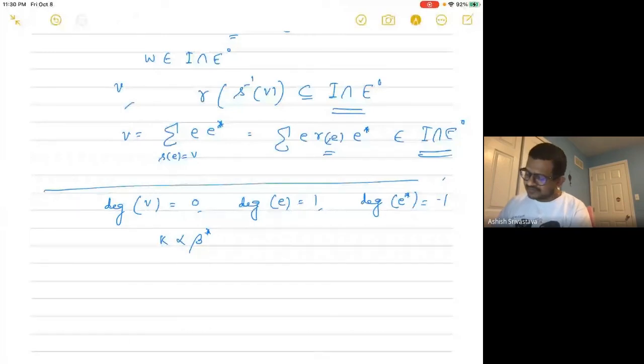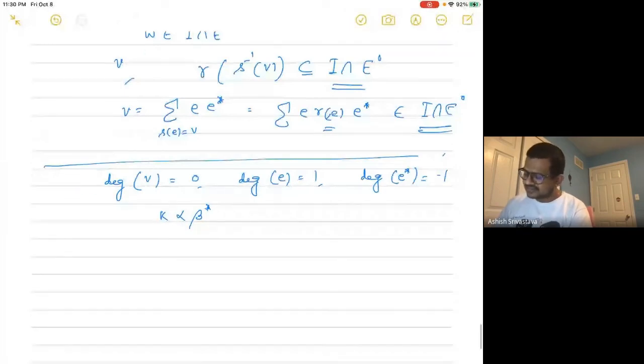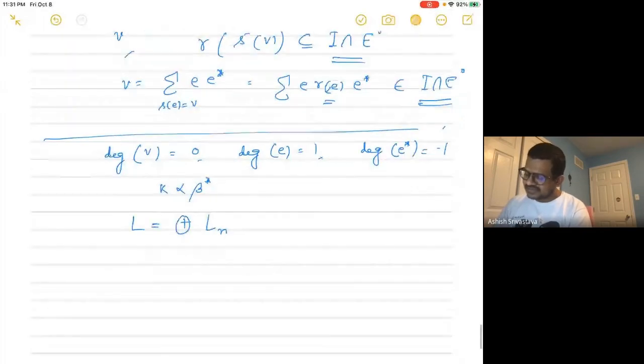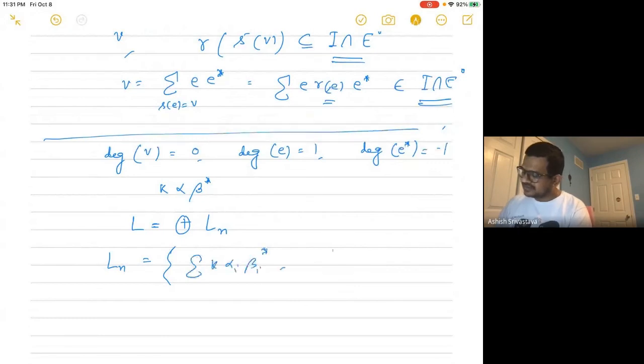Then we can see L as a graded sum of L sub n, where L sub n consists of those elements where the degree of alpha I minus the degree of beta I is n.